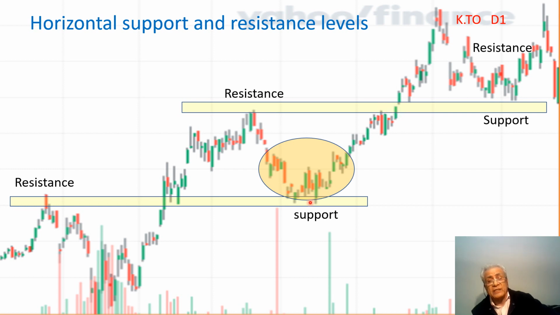But it's a good idea to go long at the support level. Now I highlight this area in the orange color, that in the next slide I'm going to magnify this in order to do candlestick blending, to show you where you can enter the market to get the benefit of this long upward trend.